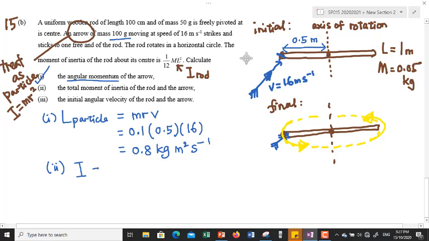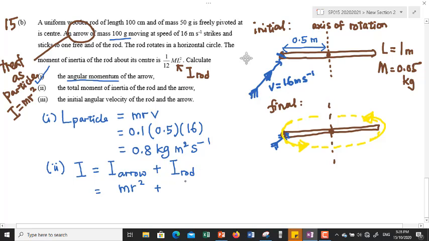So the total moment of inertia will be the moment of inertia for the arrow plus the moment of inertia for the rod. We treat the arrow as a particle, so the formula to calculate the moment of inertia will be mr squared.